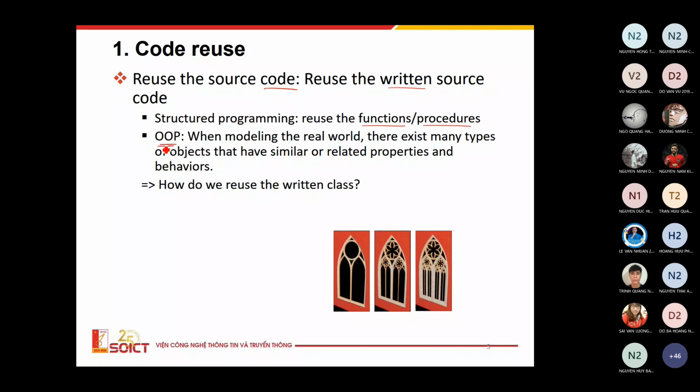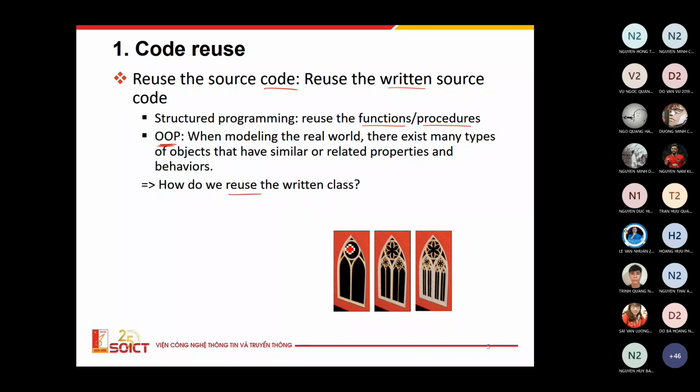And in OOP, we model the world in objects. You can have many types of objects that have similar or related properties and behaviors. So how can we reuse the written class?